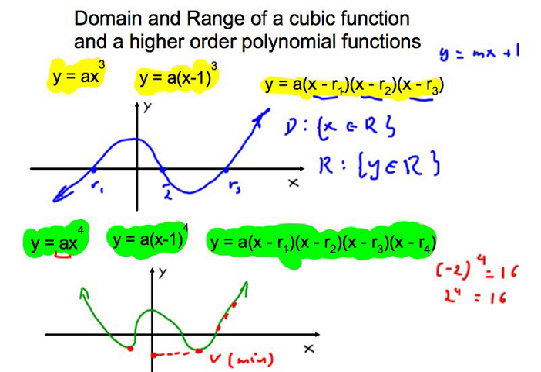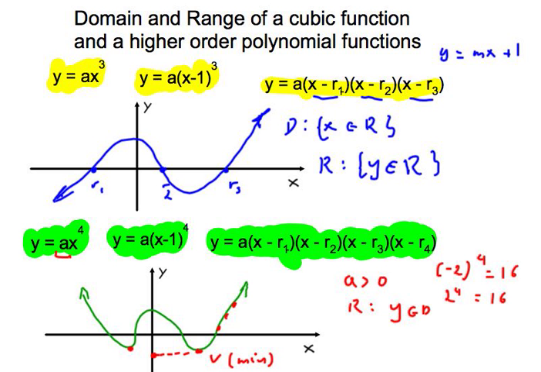Similarly to a quadratic function, when you have one vertex and everything either starts from this vertex going up or going down. So when the leading coefficient a is greater than 0, my range will have a limitation related to the minimum value.